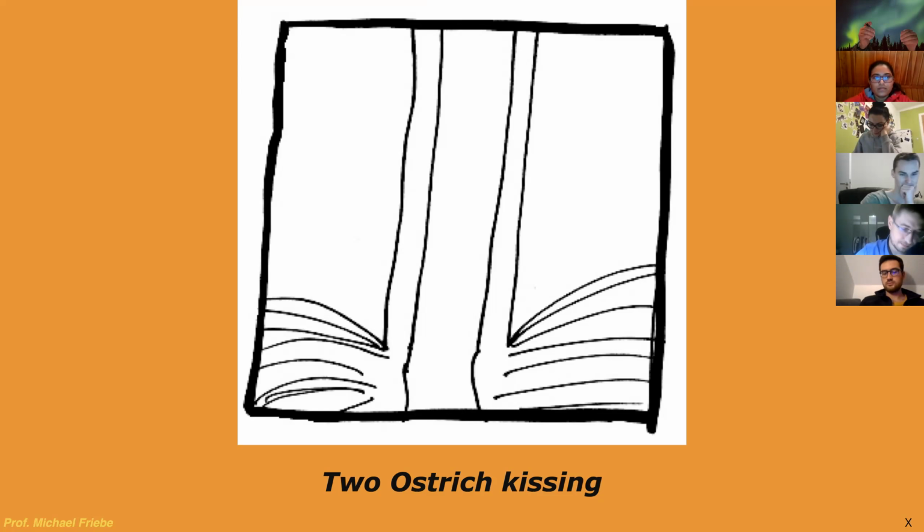So it should look like this, right? So just the square. Now you put 4 lines in there. Anybody solved it?